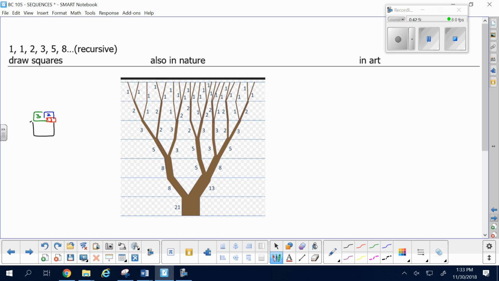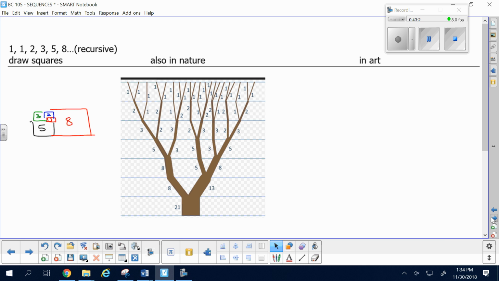I know it feels like you should build off the 3 and the 2, but instead, put it below. Okay, so it is still 3 by 2. 3 plus 2 is 5. Now, to the right of that guy, let's go a square. If I build a square off that, it would be 5 plus 3, or 8.